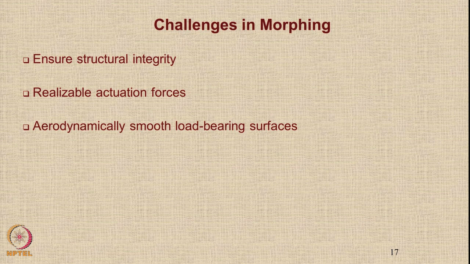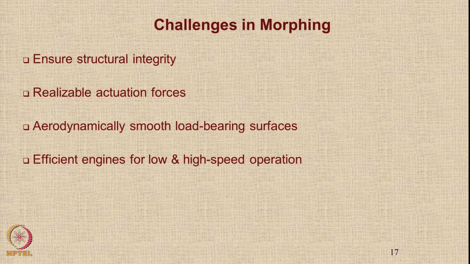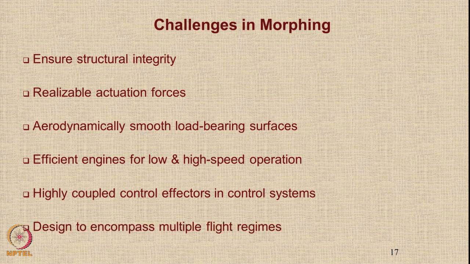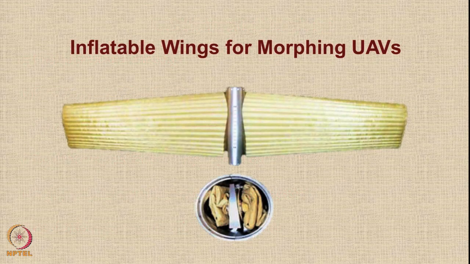The load bearing surfaces have to be aerodynamically smooth, so you cannot have any projections, etc. You also will need very efficient engines for low and high speed operation, and the control surfaces will become coupled, because morphing will change the control surface configuration also. And as I mentioned in the beginning, morphing is carried out so that we can fly the aircraft optimally in multiple flight regimes.